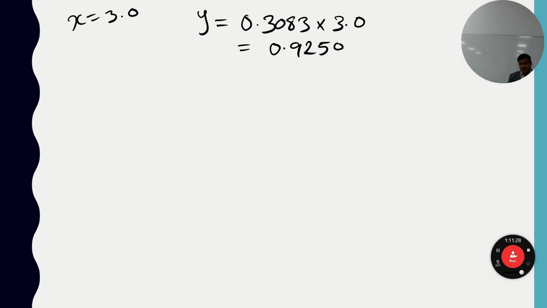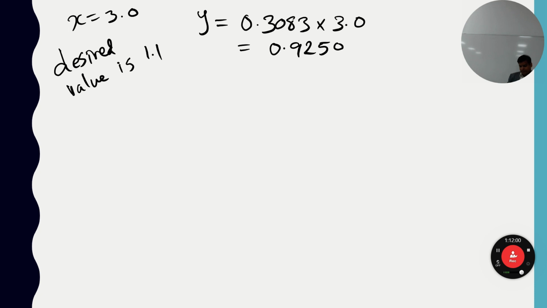So the line falls on the wrong side again, because y is 0.92, which is still below the desired value of 1.1.